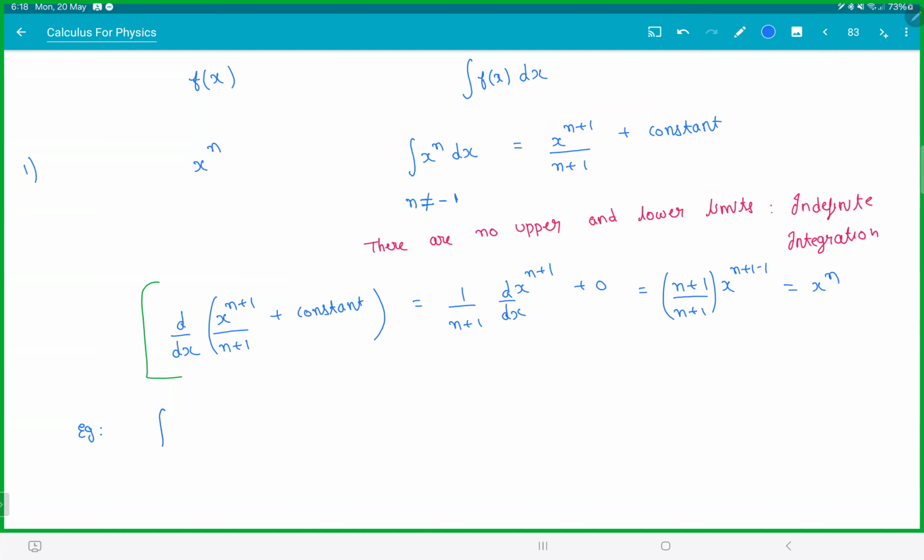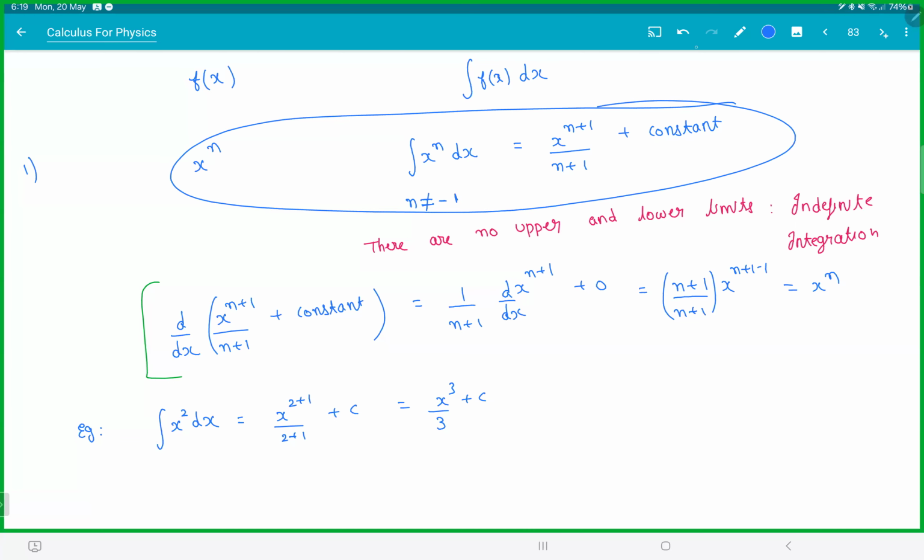Example, if you say integral x square dx, then this would be x power 2 plus 1 by 2 plus 1 plus constant, because you didn't give me limits. That's how we write. Please note it down.